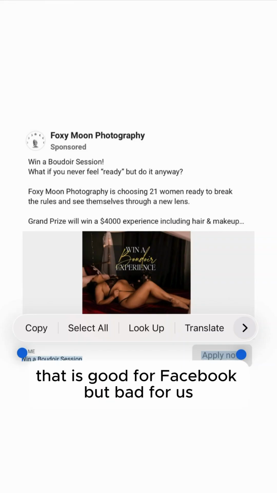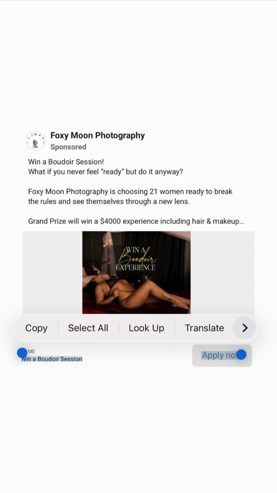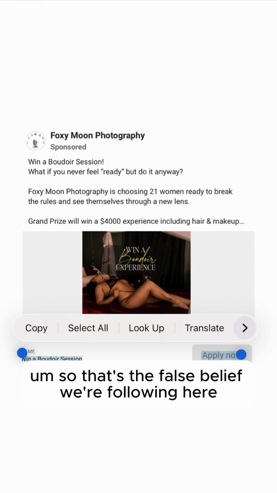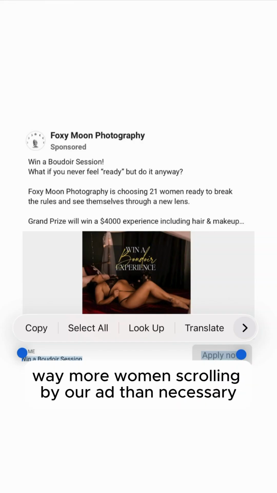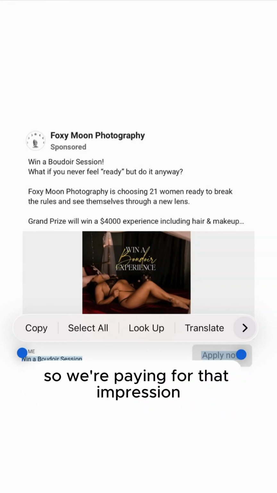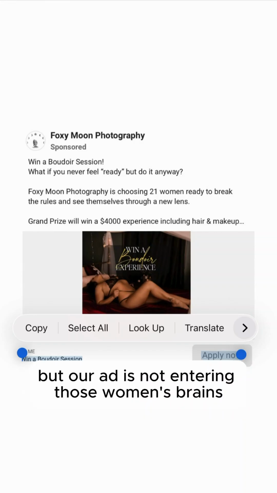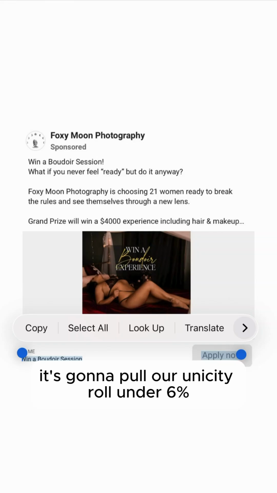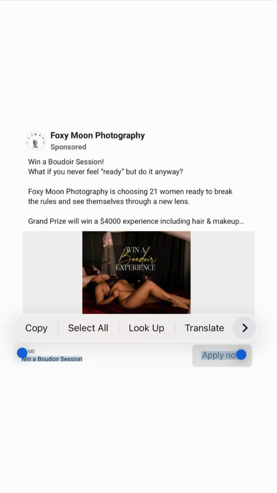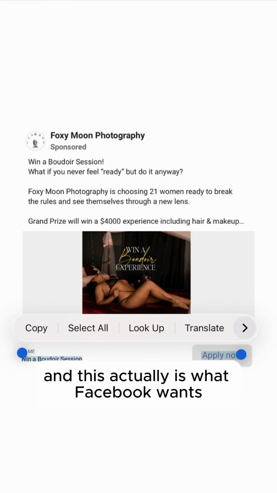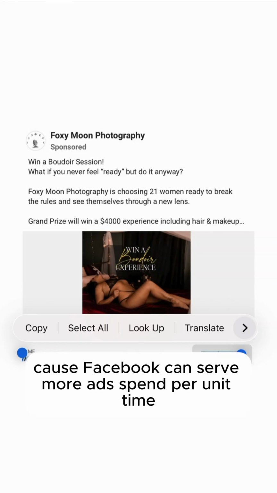That is good for Facebook, but bad for us. So it's the false belief we're following here. And the consequence of this, way more women scrolling by our ad than necessary. So we're paying for that impression, but our ad is not entering those women's brains. It's going to pull our unique CTRL under 6%, higher chance of causing BLCS. And this actually is what Facebook wants because Facebook can serve more ad spend per unit time.